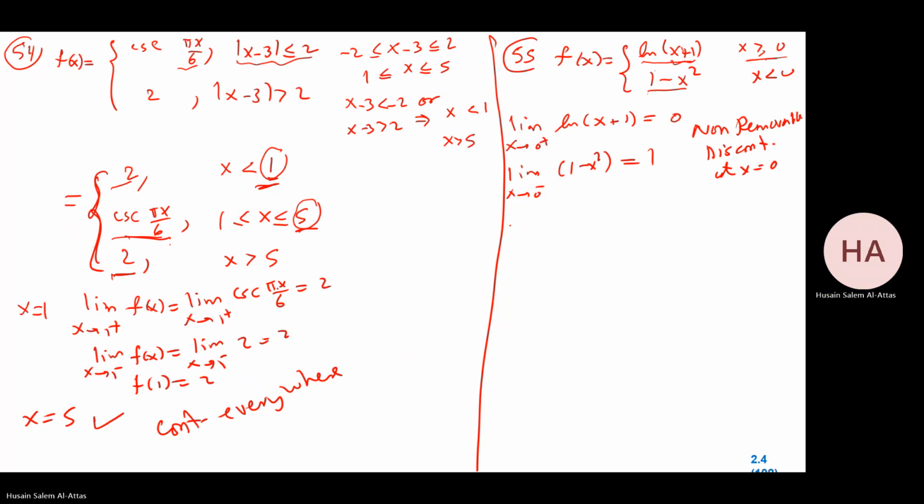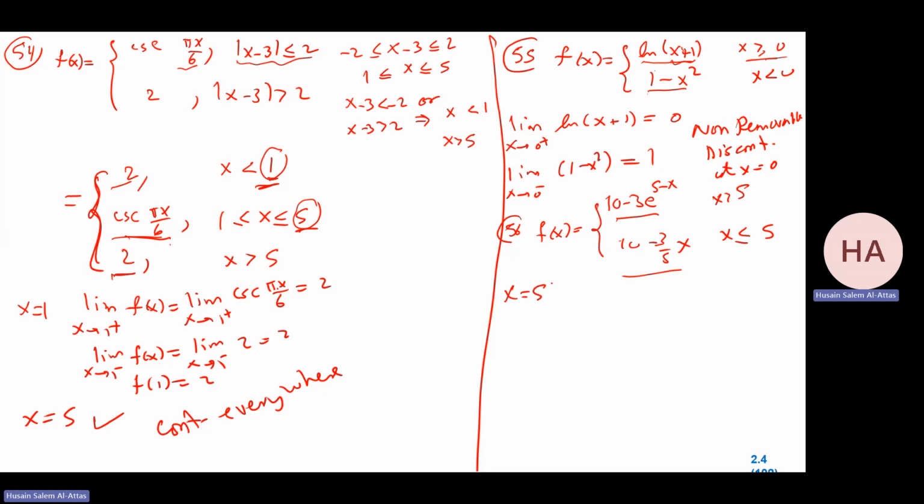56. That's the same idea. I will just put the answer. That will be 10 minus 3 e to the 5 minus x, if x is greater than 5, and 10 minus 3 over 5x, if x is less than or equal to 5. This function is continuous. No need to worry about it. Just worry about x equal 5. The limit from right, it will be what? 10 minus 3, which is 7.